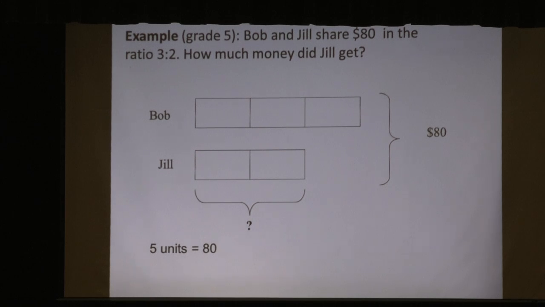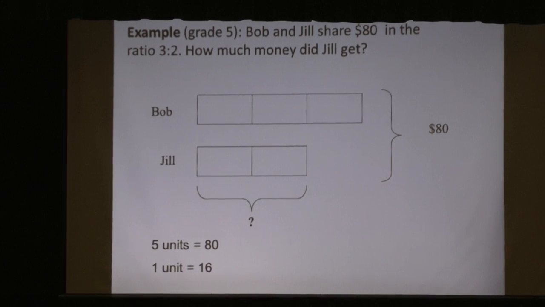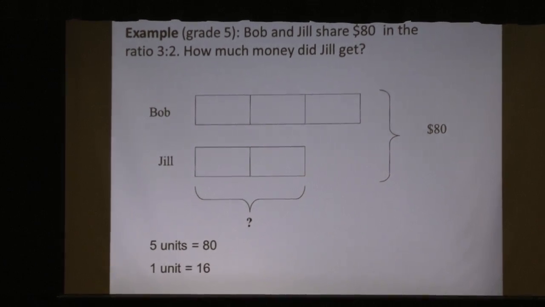Right, if 5 units is 80, 10 units is 160. And there's a whole bunch of ways you can discuss it. So you can bring the idea of doing this mentally into the picture here. So you get 1 unit, and we're looking for 2 units, where the question mark is. So Jill gets $32.